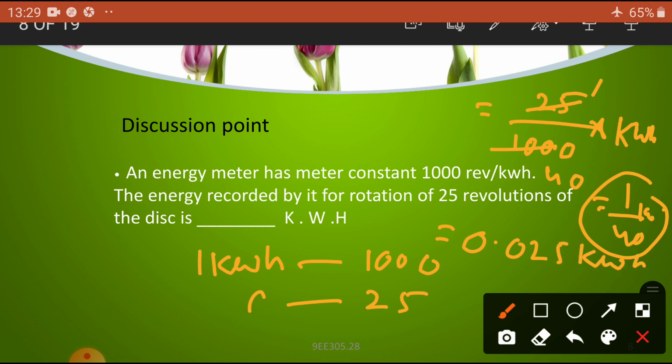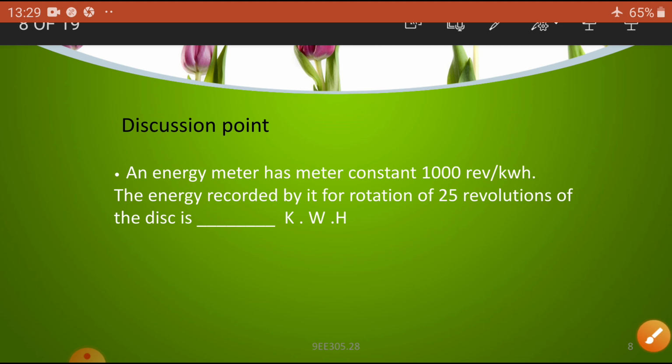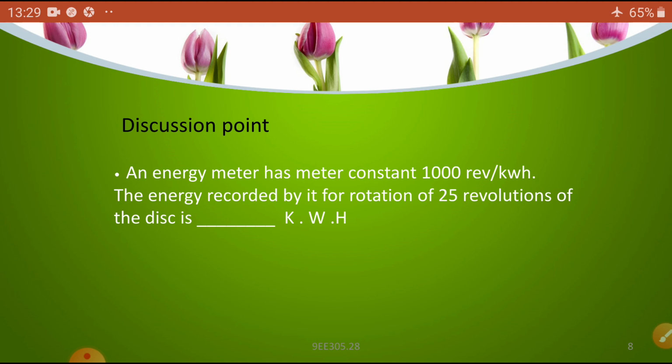This is the number of units, a fraction. This is the answer. Or you can say 0.25 into 10 to the power of 3 watt hour. Same thing. The concept is that for 1000 revolutions it is 1 unit, so for 25 revolutions it is a fraction of a unit only.